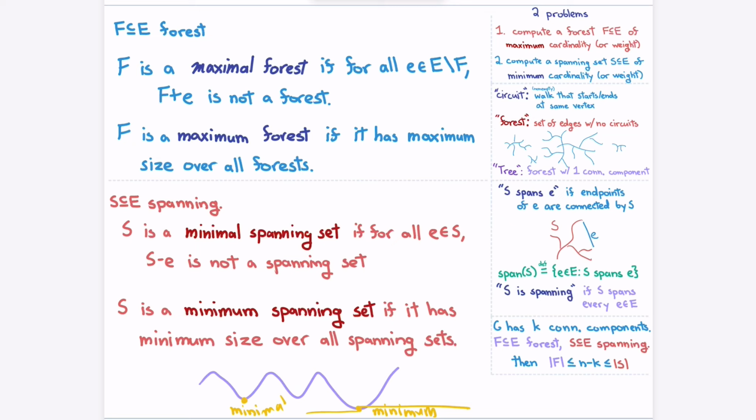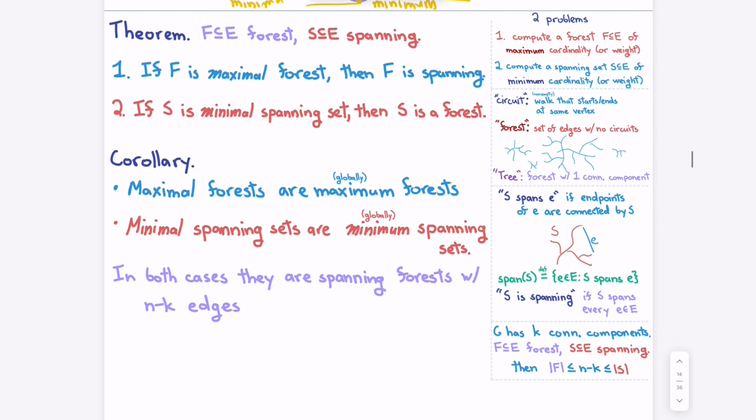Maximal just means locally optimal. Maximum means globally optimal. Same with minimal, minimum. We want the global optimum, but algorithmically it's easy to get the local optimum. I can just add edges or remove edges, right? So if I can show that local optimum is equal to global optimum, then we have a very easy algorithm. And so that's what we did.